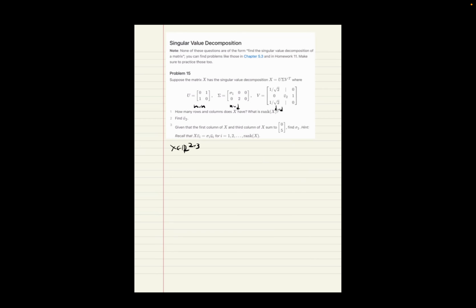As for the rank, we want to look at sigma again, but in a slightly different way. First, we'll start by going back to how the matrix is defined. Sigma contains the square roots of the eigenvalues of X transpose X, and by extension, XX transpose, because both of these matrices have the same eigenvalues.